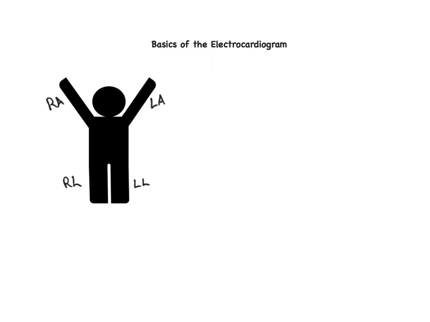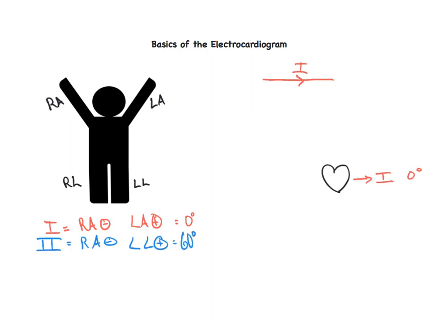heart. Lead 1 is made up by making the right arm lead negative and the left arm electrode positive. We assign this electrode a 0-degree designation, and we will fill in all the other leads based on this 360-degree orientation around the heart. Lead 2 is made up by a negative right arm electrode and a positive left leg electrode.